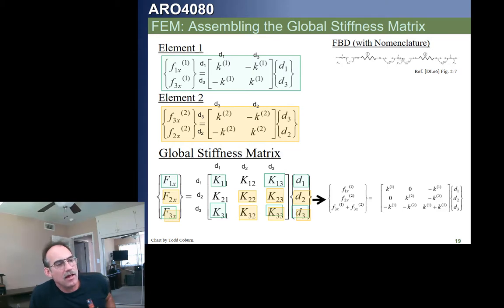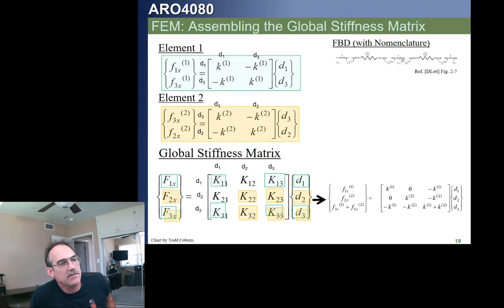So this global force at 1 in the X is just the local F1 in the X. And at node 2 at the far end, the only one of these that goes into node 2 is this one. That means F2 in the X, the global, is just element 2's local F2x. We see though at node 3, the force at 3 is affected by both the force in 1 at 3 and the force in 2 at 3. So we see that F3x is the summation of these two.